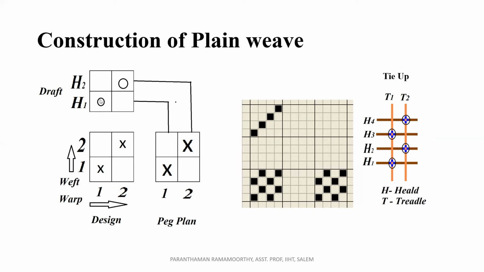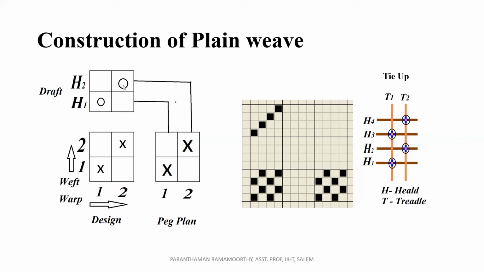Next, the draft. The first end is drawn through heald frame 1, and the second end, which is different from the first end, is drawn through heald frame 2. Then the peg plan.